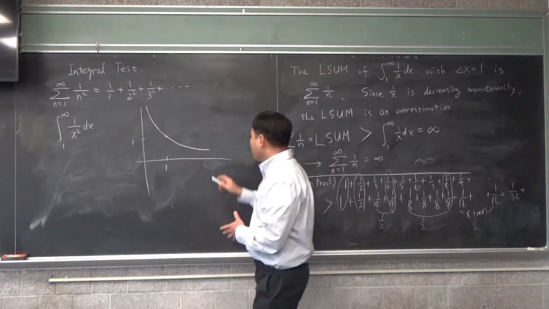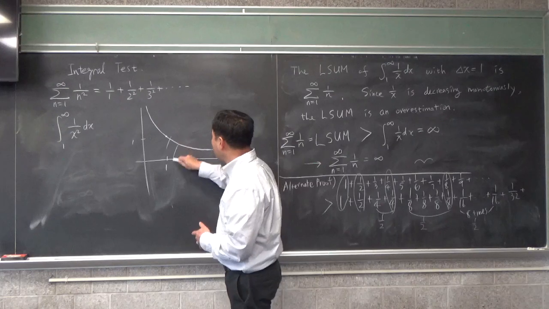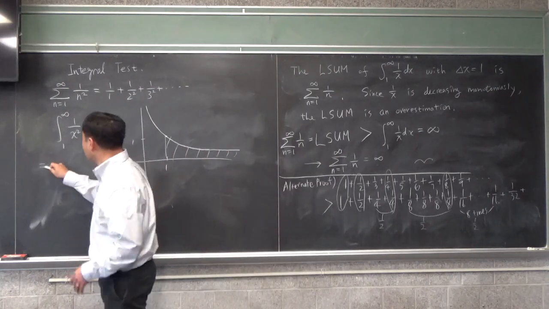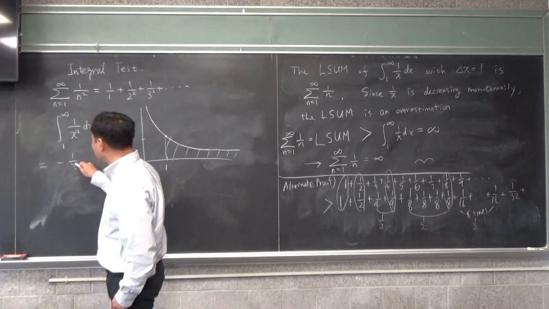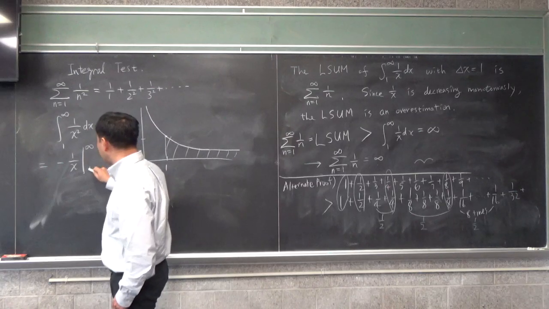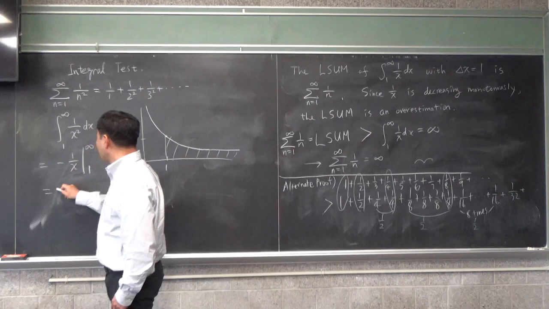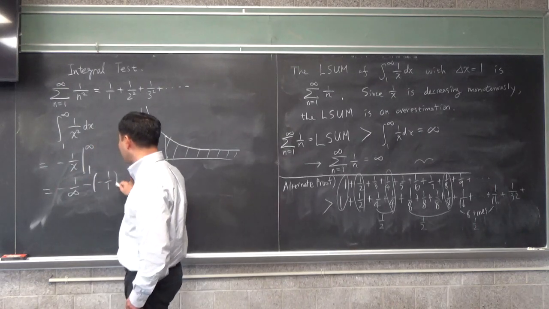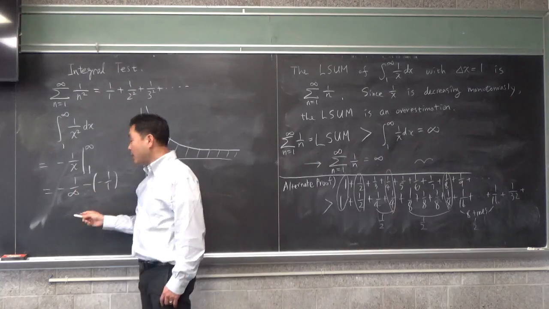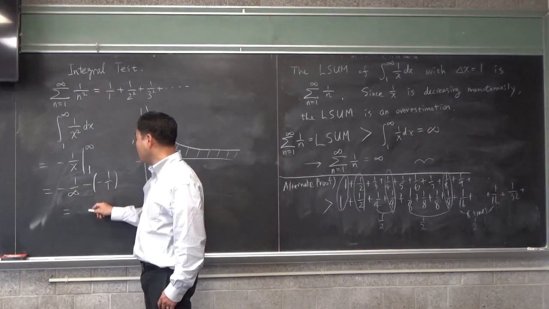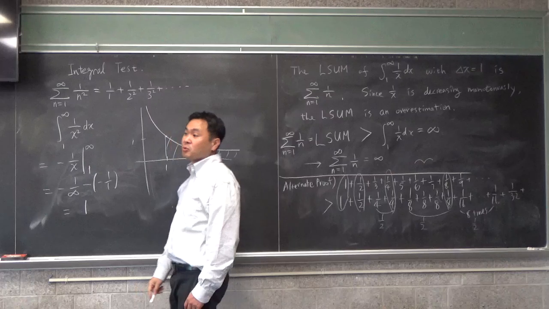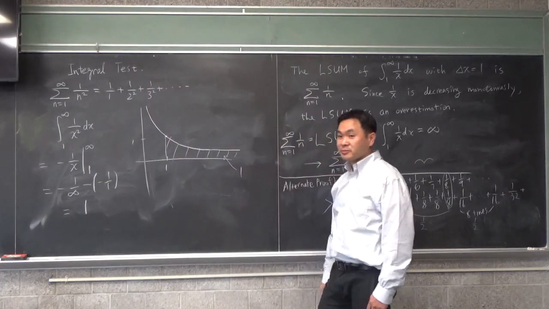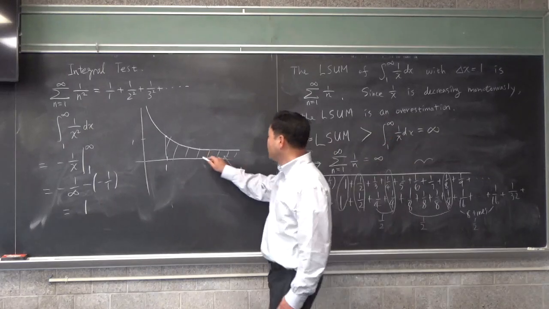And the area from 1 through infinity is, well, this integrates to negative 1 over x, and you plug in infinity and 1. So you get negative 1 over infinity minus negative 1 over 1. What's 1 over infinity? 0. So you end up with positive 1. So this area here is a finite number. It's positive 1.